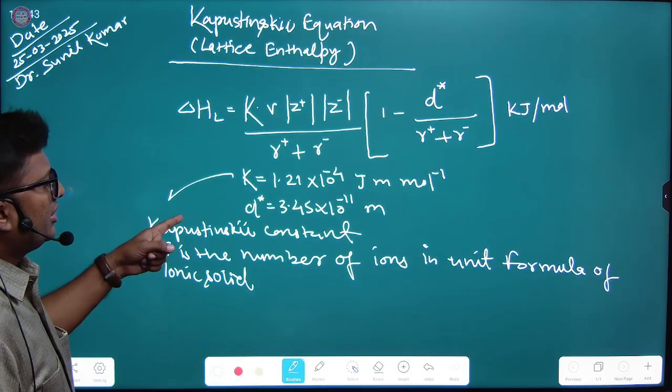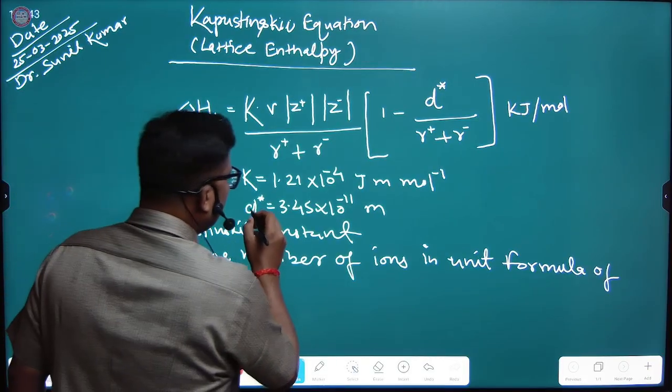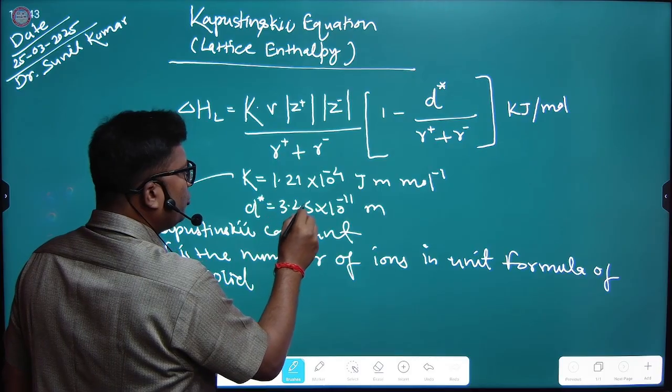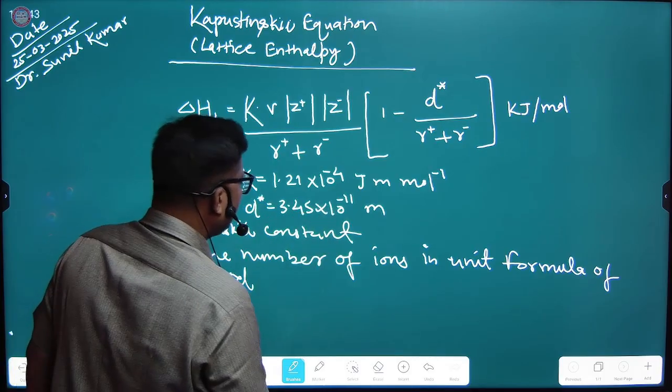So D* is the conversion factor. This is D*, which has the value 3.45 × 10^-11 meter, right?